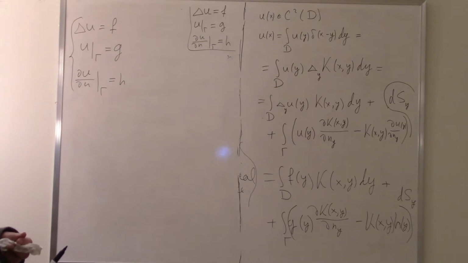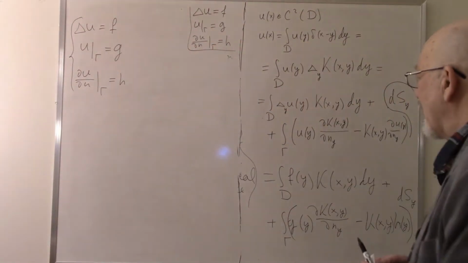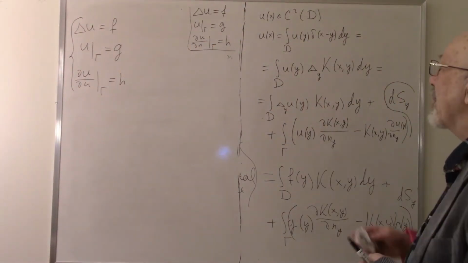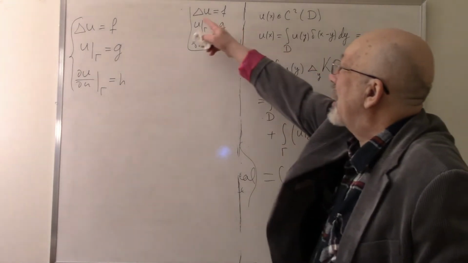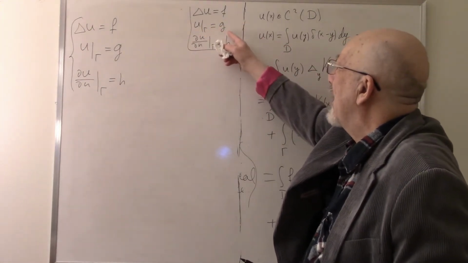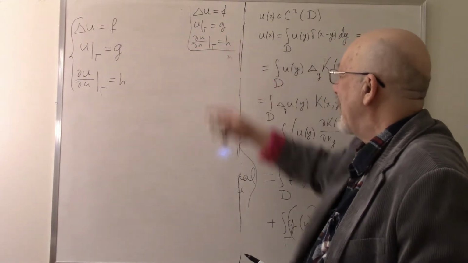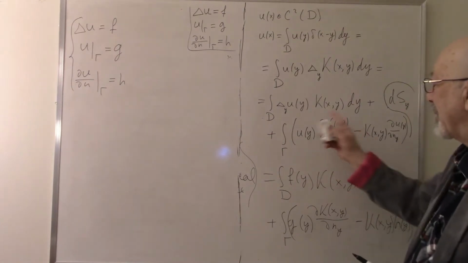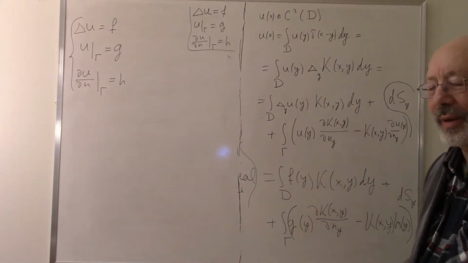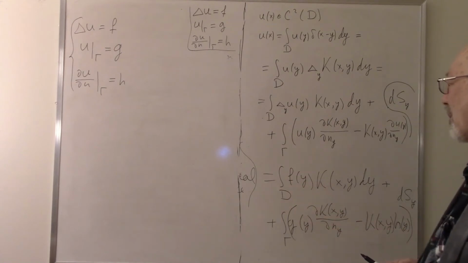So this formula is true. How does it read? It reads as follows: if the Laplacian of u is f, if u on the boundary is g, and if du dn on the boundary is h, then this relation holds, that u at every point is given by this formula.